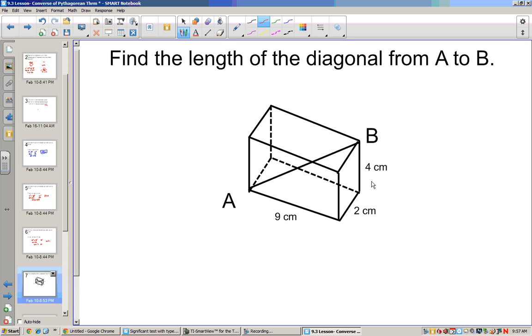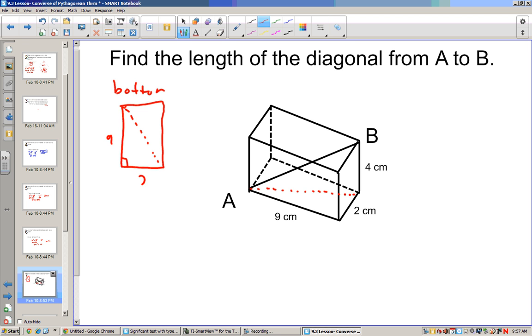Now, if we have these sides, we want to find this distance, which isn't actually a right triangle yet. Now, if I draw this diagonal right here, then if I just look at the bottom of my rectangular prism, hopefully you know the bottom of a rectangular prism is a rectangle, and I just drew this line across the bottom, which would be a right angle.